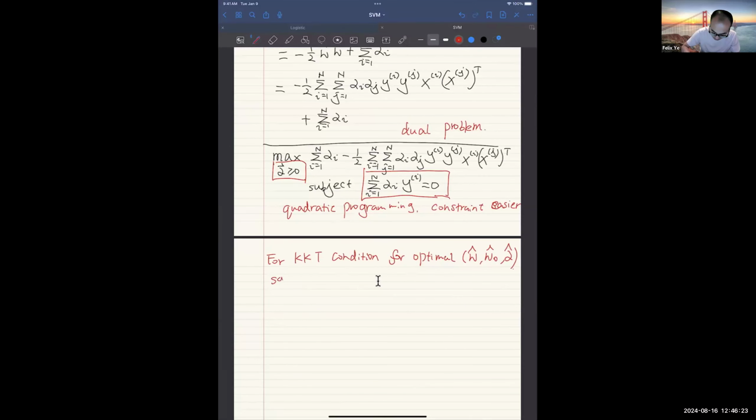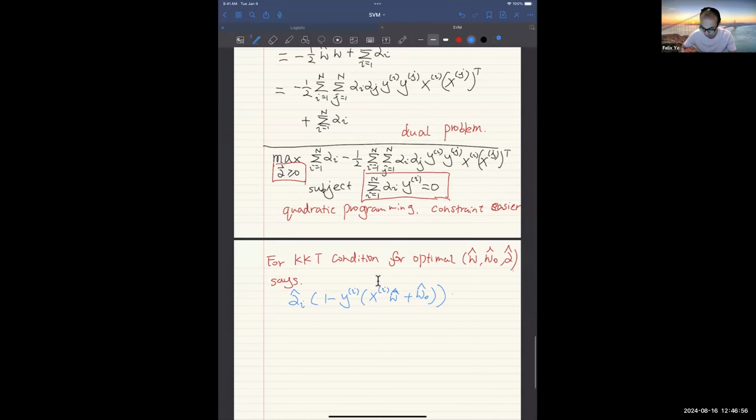The KKT condition says my alpha i star multiplied by 1 minus yi times x of i w hat plus w0. I think I'm using hat here. Let me use hat. This is equal to 0 for all i.